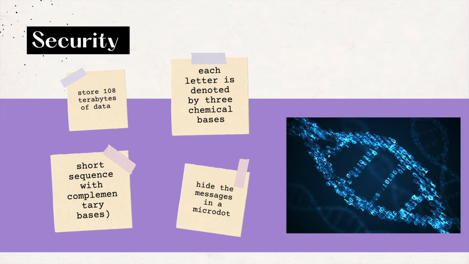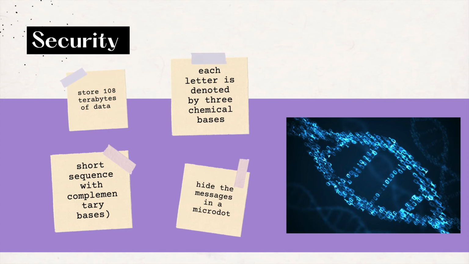Number 3. Security. The ability to store 10^8 terabytes of data in 1 gram of DNA has resulted in the possibility of holding a massive one-time pad. Another example is DNA steganography, which uses a revolutionary approach to conceal messages in a microdot.